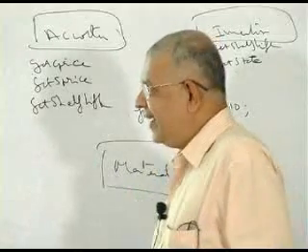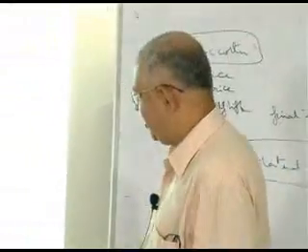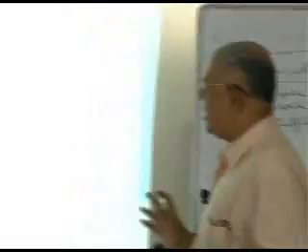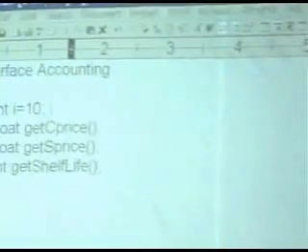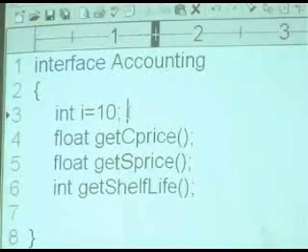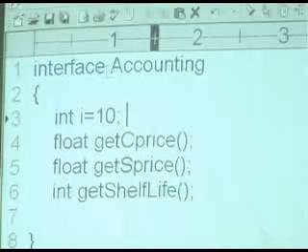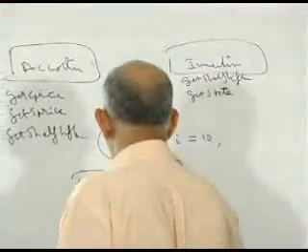Well, this is something which happens behind the scenes for an interface. Just like you didn't mark the method getCprice as public, but it became public. Similarly, any variable created in an interface is a final variable.